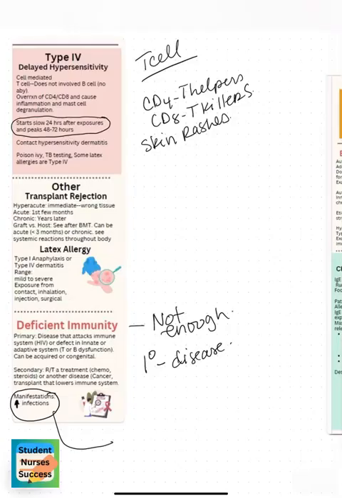that has attacked the immune system, or a defect in the innate or the adaptive immune system. So really, what you have is a disease that has attacked, or you have a lack of one of your immune systems.